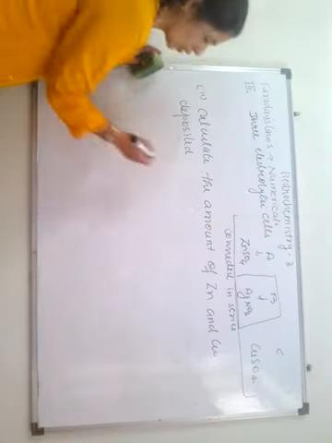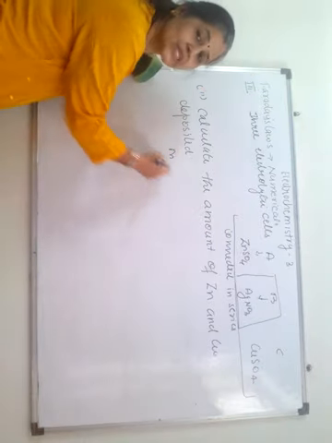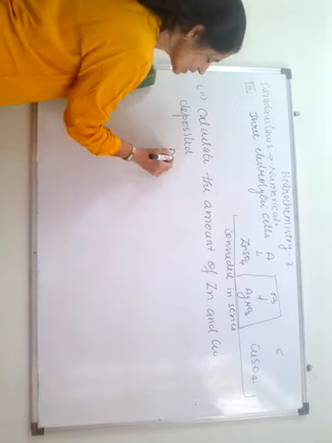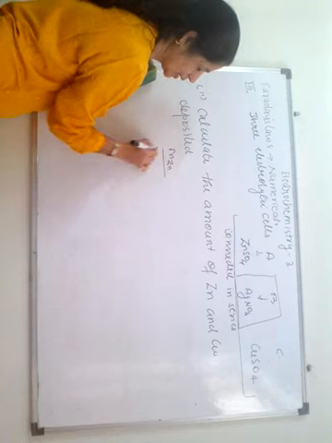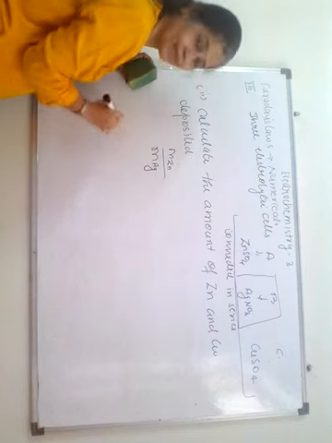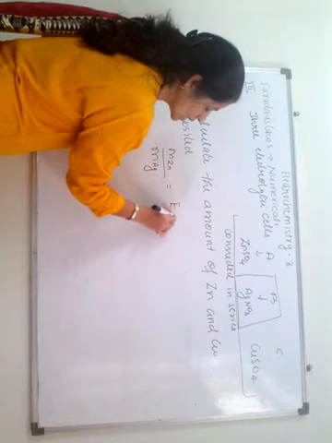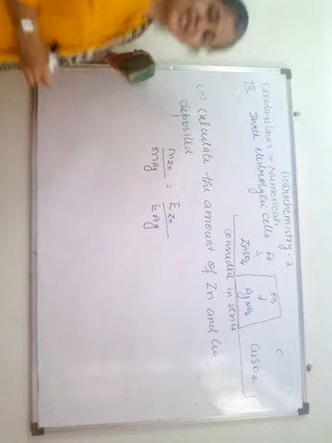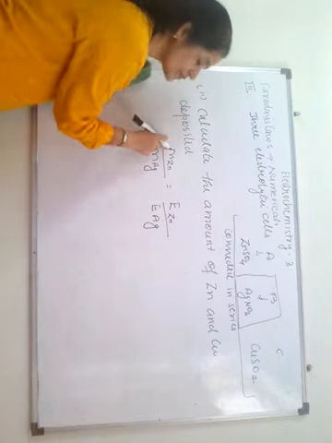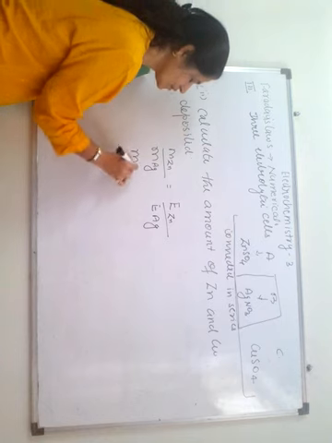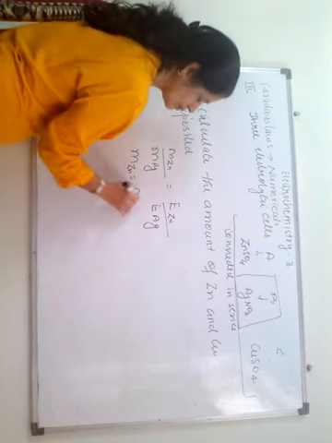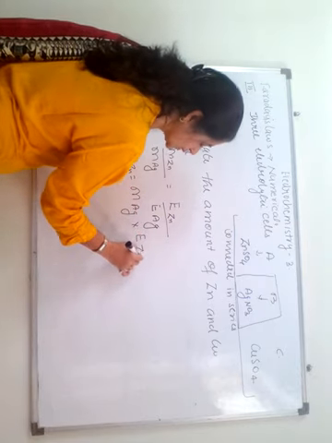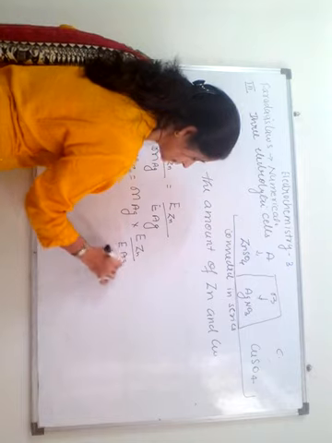So according to second law, M1 upon M2 is equal to E1 upon E2. So first compare zinc and silver. Mass of zinc deposited upon mass of silver deposited is equal to equivalent mass of zinc upon equivalent mass of silver. Easy, children? So mass of zinc deposited is equal to mass of silver deposited into equivalent mass of zinc upon equivalent mass of silver.